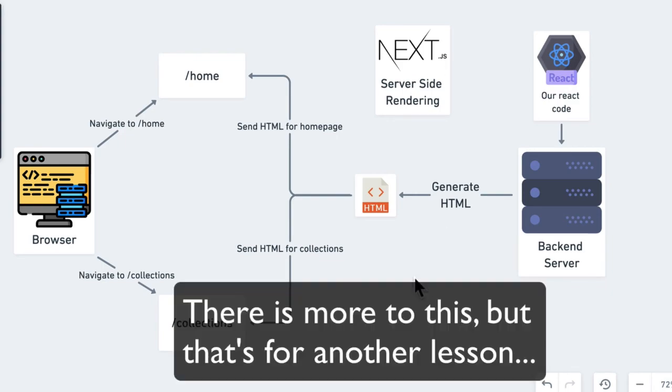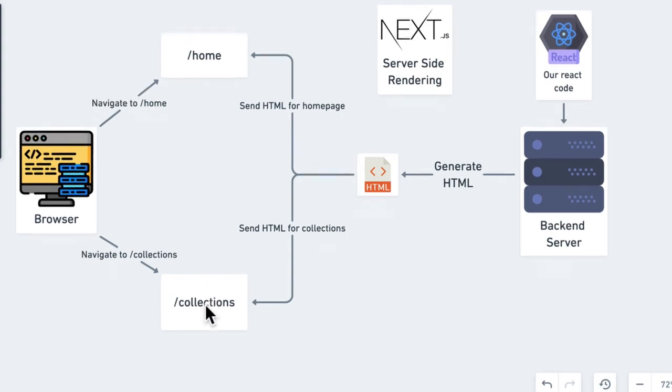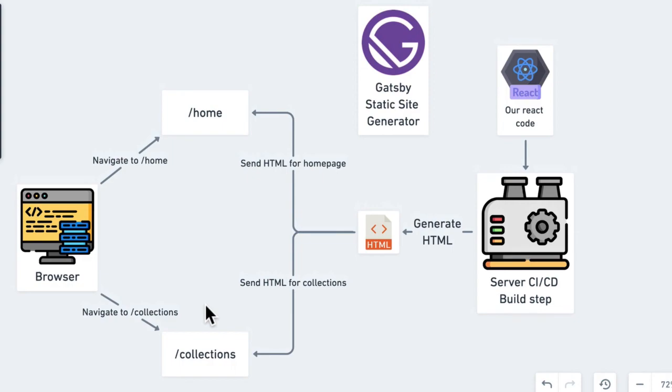Now, the main thing here to remember though is that Next.js and Create React App are both dynamically generated, meaning that we directly generate the HTML whenever the browser navigates to different routes. So this is all live generated, whereas something like Gatsby is what's called a static generated website. So what this means is that all of the code that builds to the HTML pages that end up comprising our application is all done at the build step.